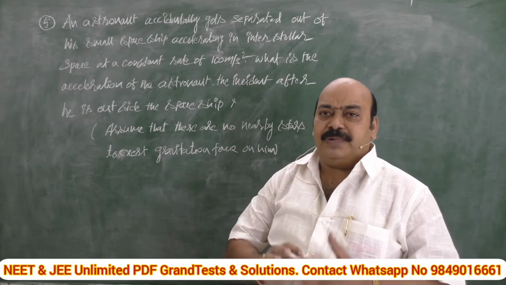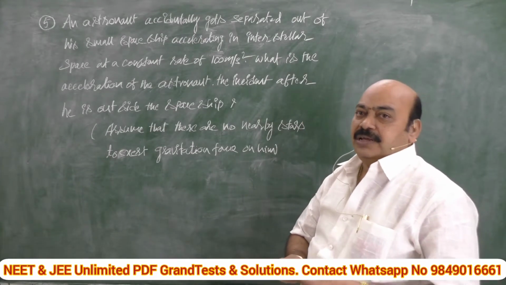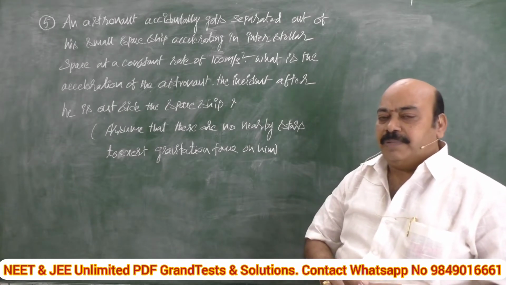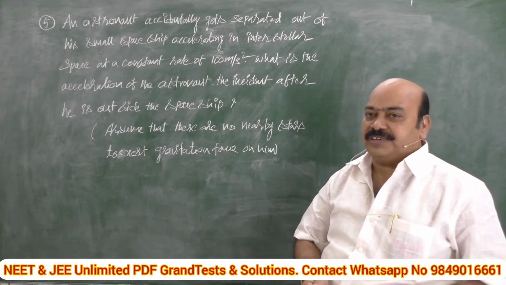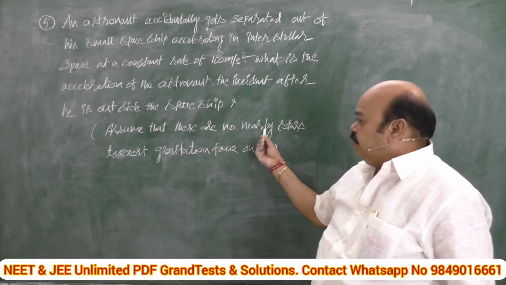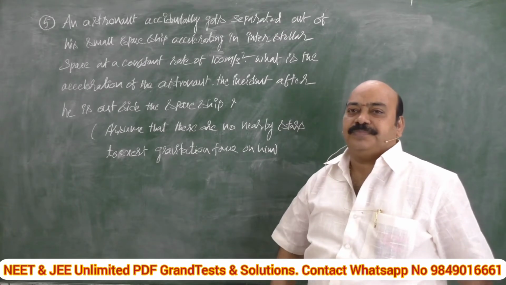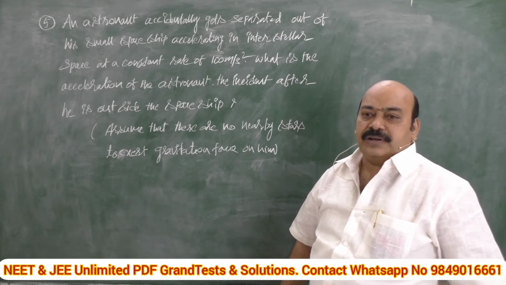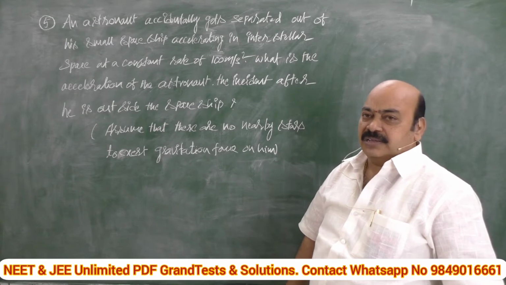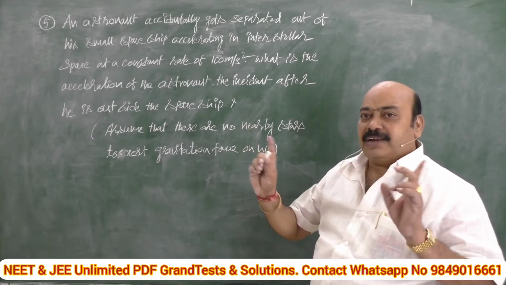To have some acceleration, definitely any body should be acted on by some force, but in the given condition there are no nearby stars to exert gravitational force. For your information, gravitational force is not only due to Earth but also due to the nearby planets also.